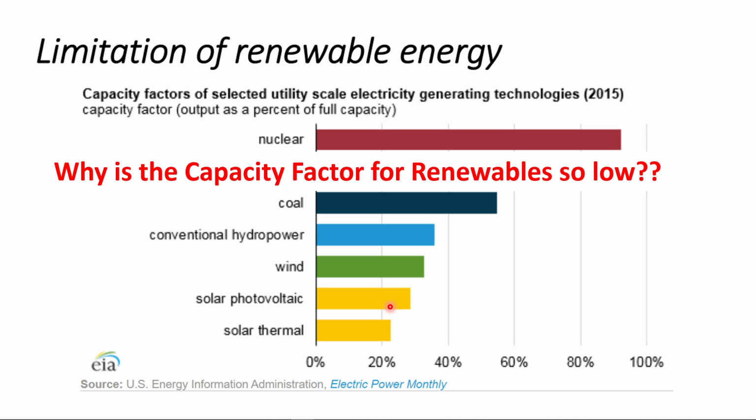Well, engineering-wise, it is very difficult to integrate the fluctuations in renewable energy into the grid. So there's a lot of engineering problems in integrating renewable energy into the grid as well, and both of those factors cause the capacity factors to be so low.